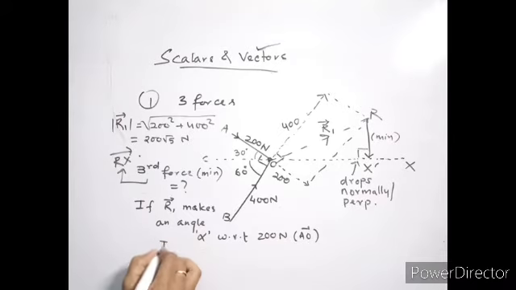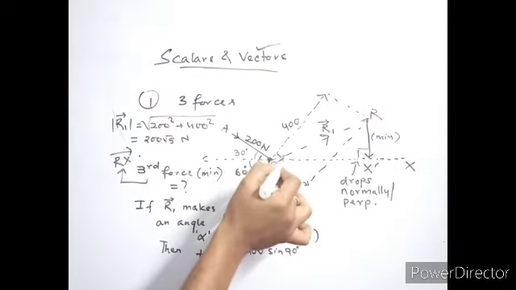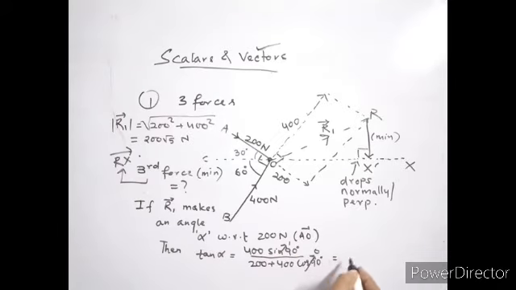In order to find the value of alpha, we just put the value, that is tan alpha is equal to 400 sine of 90 degrees, that is the angle between the two vectors given, that is the AO and BO vectors. And in the denominator we have 200 plus 400 cos 90. Sine 90 goes to 1, cos 90 goes to 0, so all we are left with is 400 divided by 200, that is equal to 2.